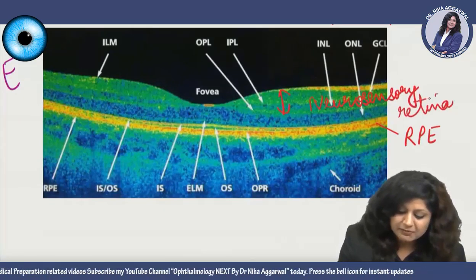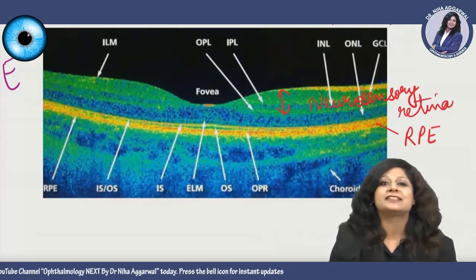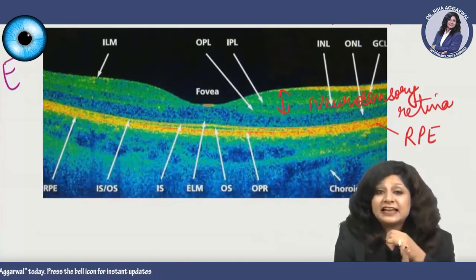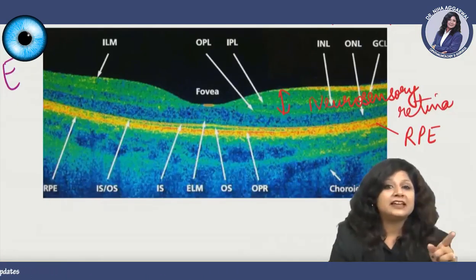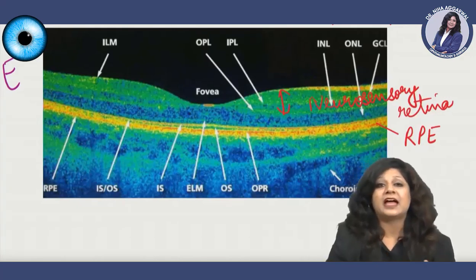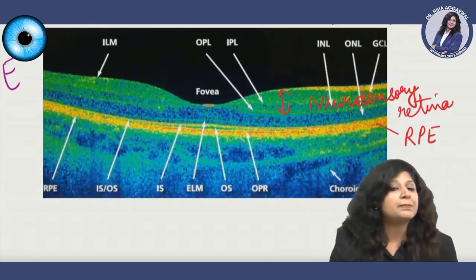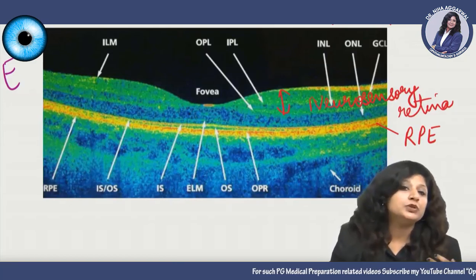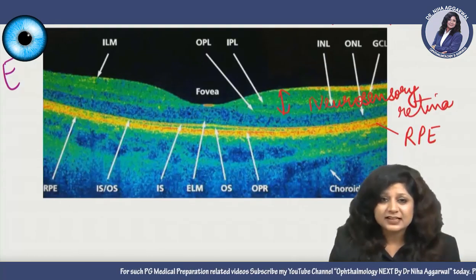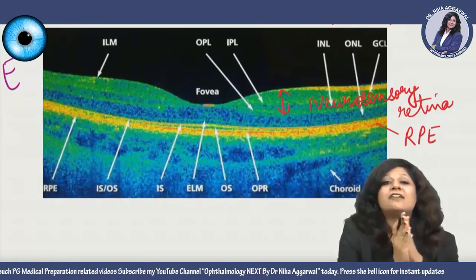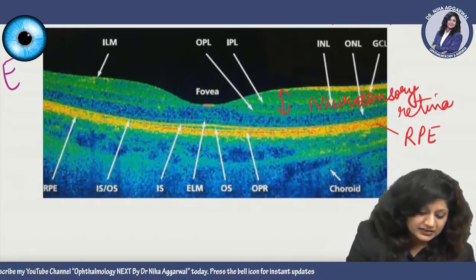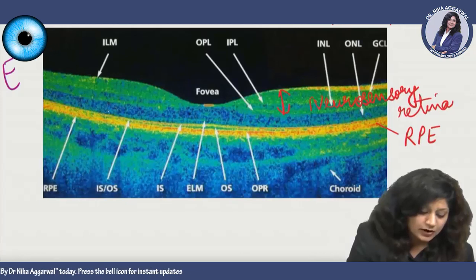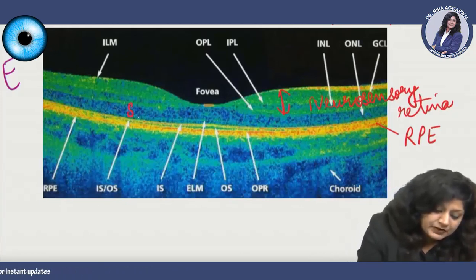Now, let me remind you what the neurosensory retina was. The 9 layers apart from the retinal pigment epithelium make up the neurosensory retina, and we have a space in between the two. This space is called the subretinal space.